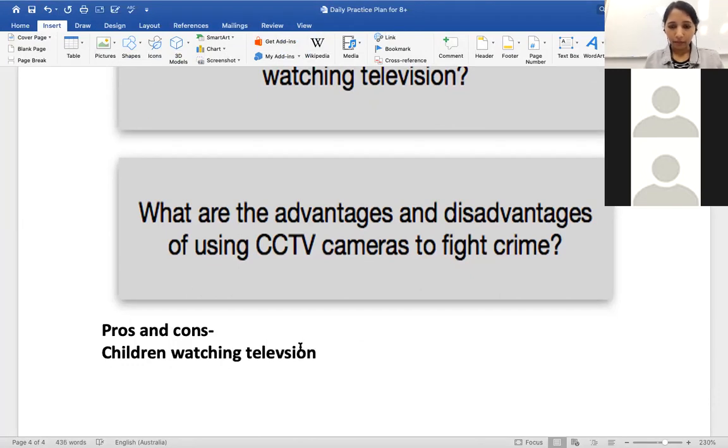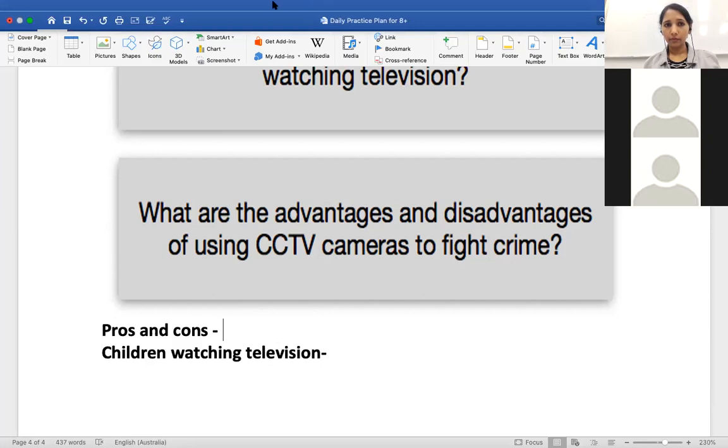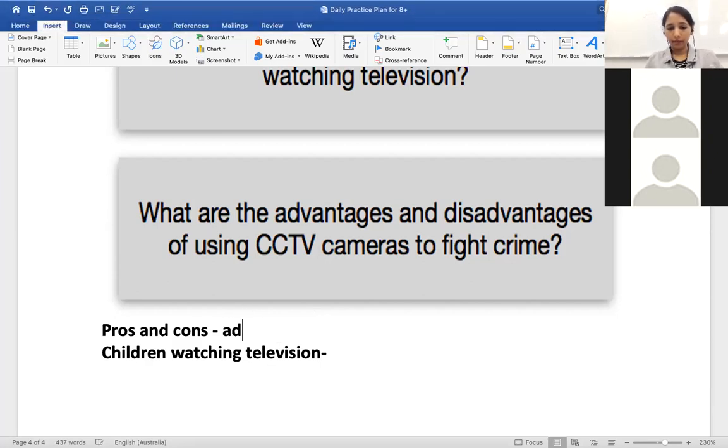Now I want you guys to slowly, no hurry, think of what could be the synonyms for pros and cons. Advantages and disadvantages. Okay. Advantages.